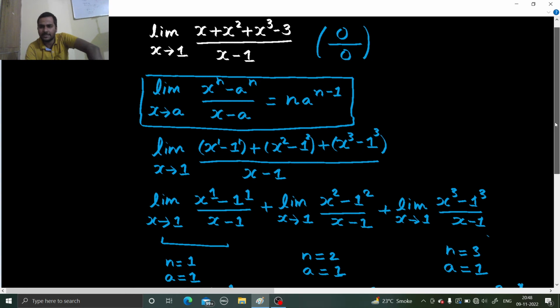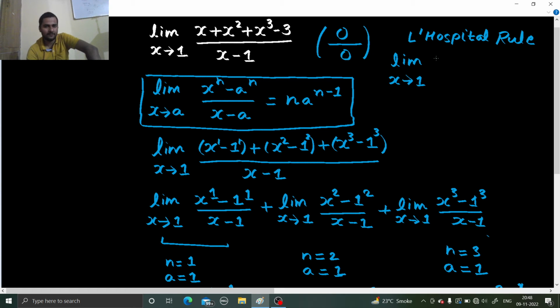Also I want to say one thing, that we can solve this problem by L'Hopital rule also, because 0 by 0 form is there. So if I use L'Hopital rule, what we do there, we differentiate numerator and denominator separately.